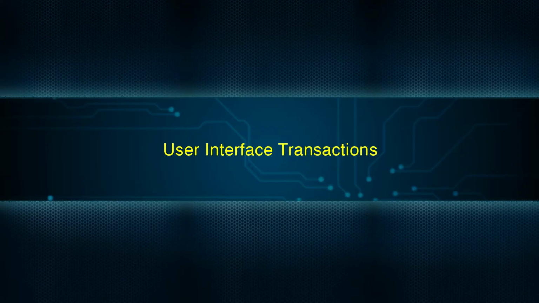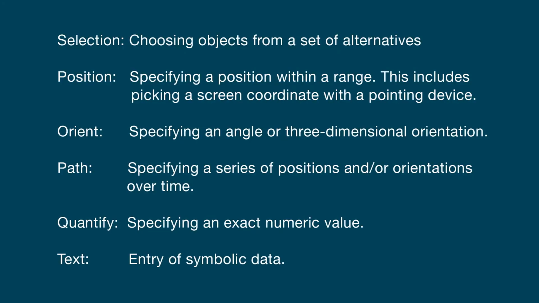User interface transactions. Early efforts in human-computer interaction sought to identify elemental tasks that appear repeatedly in human-computer dialogues. User interface transactions are composed of the following elemental tasks: selection, choosing objects from a set of alternatives; position, specifying a position within a range.